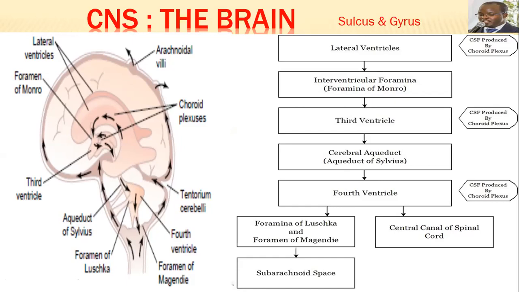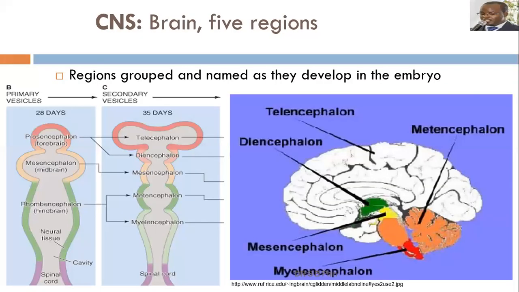There is abnormal circulation of cerebrospinal fluid that results in accumulation within these ventricles. Sometimes you can put some pipes to drain the excessive fluids back to the venous system as part of treatment of hydrocephalus, but we're not going into that.